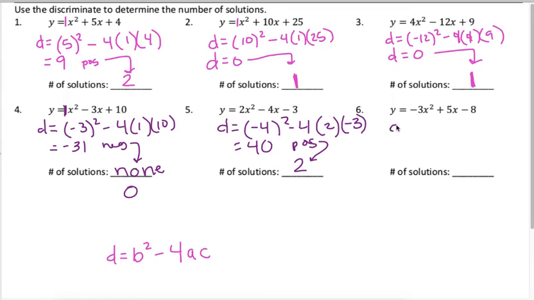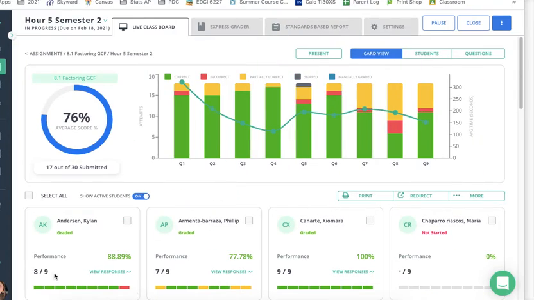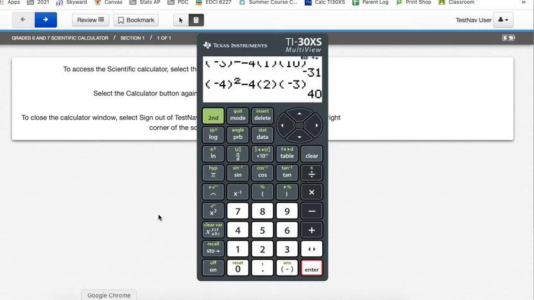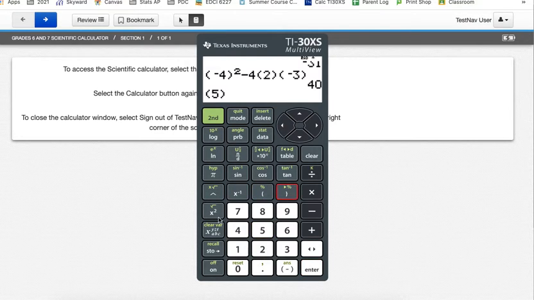And our last one here, discriminant equals b squared minus 4ac. Man, my 4s are looking a little weak there. So now we have our b squared, so we have 5 squared minus 4ac.